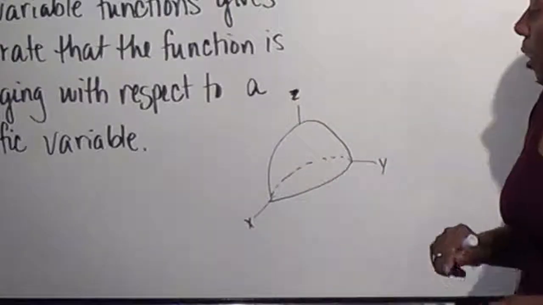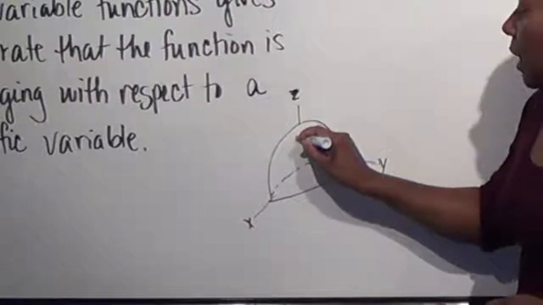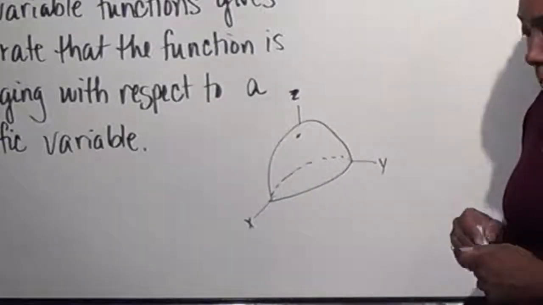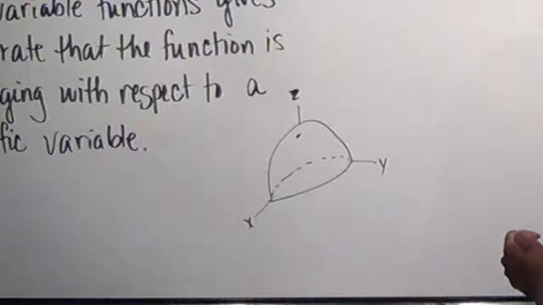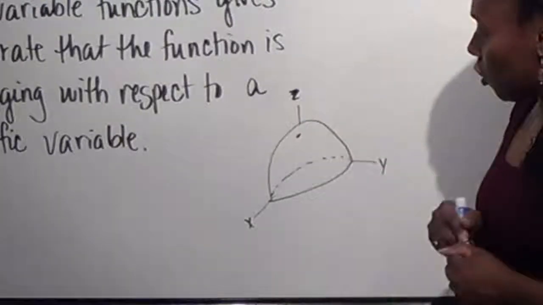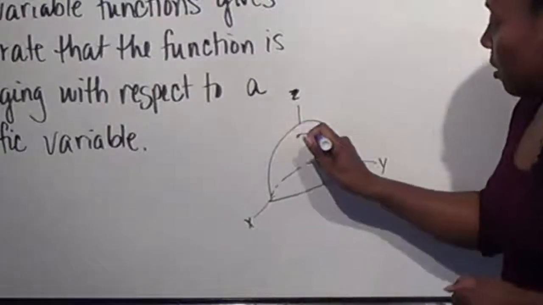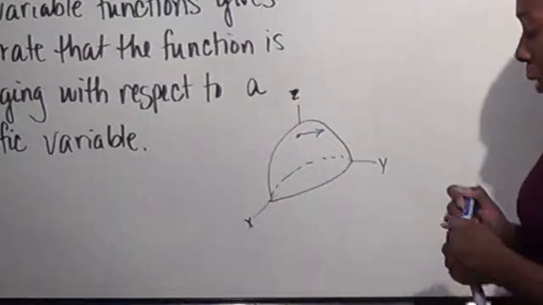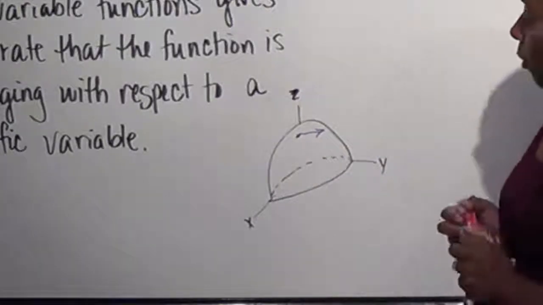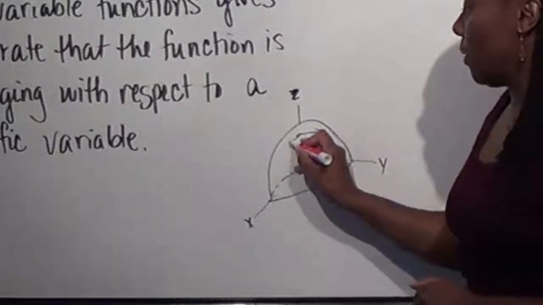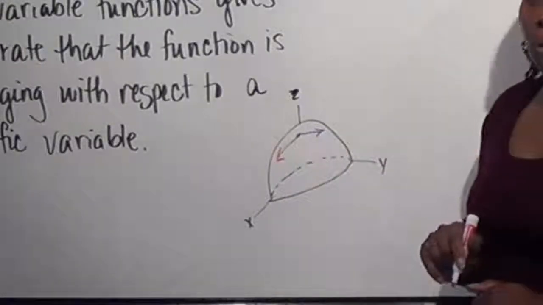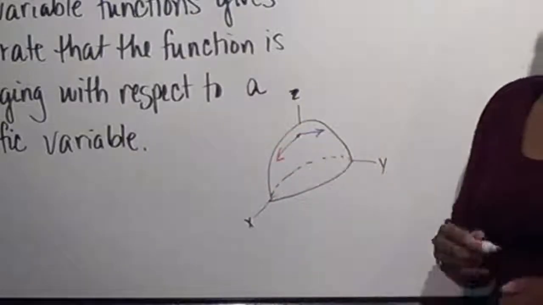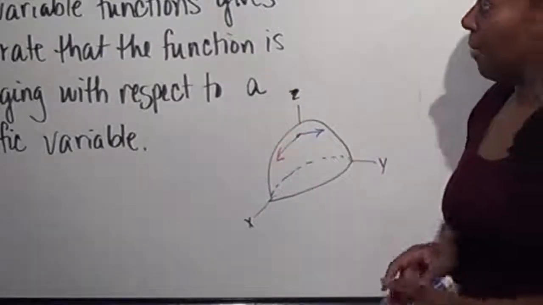If I pick a point on this upside-down bowl, and I'm talking about the derivative, I can think about the rate that z is changing in the y direction, or the rate that z is changing in the x direction. With respect to each of the variables, I can come up with a partial derivative. It's a rate of change.